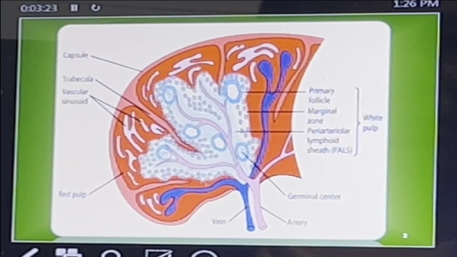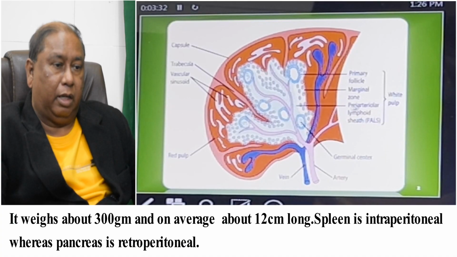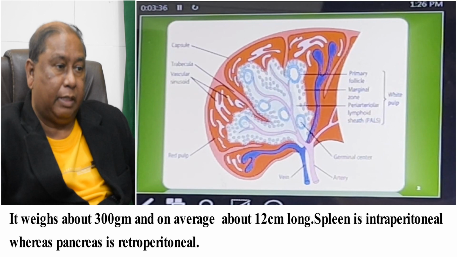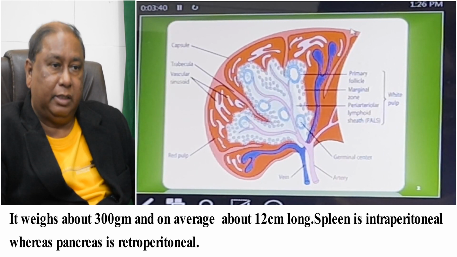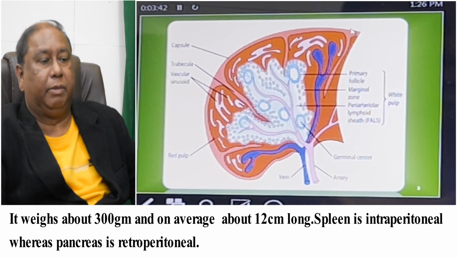And weight of the spleen is around 300 grams. And on average it is 12 centimeter long. If you measure from here to here, average measurement is 12 centimeter long.